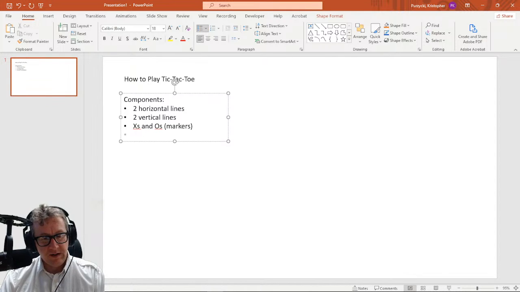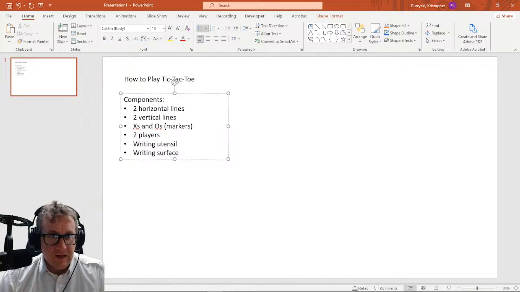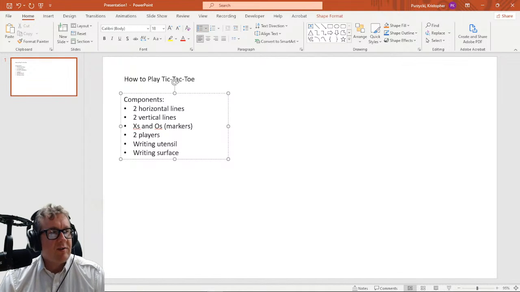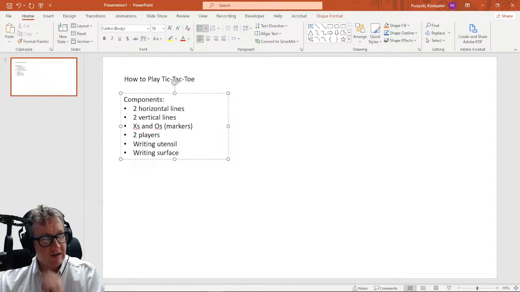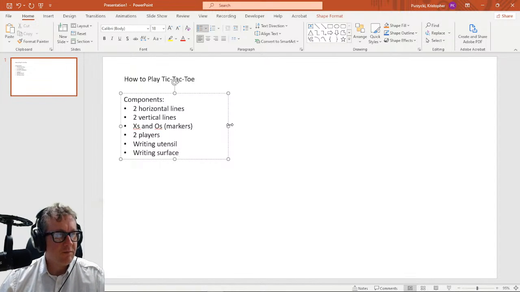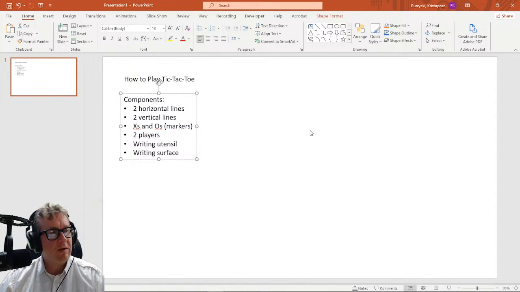I'm going to have two players. Tic tac toe: we've got six types of components that we absolutely need: two horizontal lines, two vertical lines, X's and O's, which are our markers, two players, a writing utensil, and a writing surface. Pretty straightforward, not too difficult.